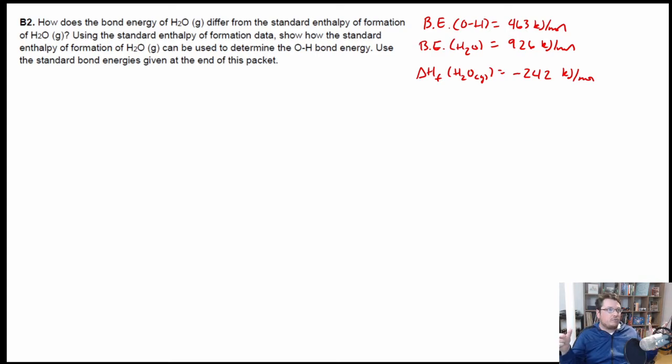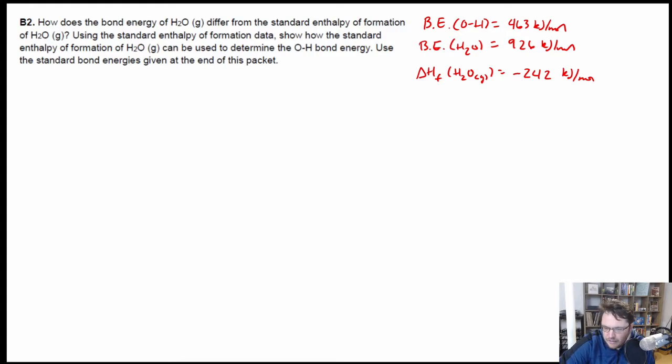The only way you can really relate that to delta H, to enthalpy, which is what you have for delta HF, the enthalpy of formation, is to take into account how other bonds are either formed or broken to then make H2O. There are two different equations that I gave at the beginning of the packet. Let me pull both of them up real quick.